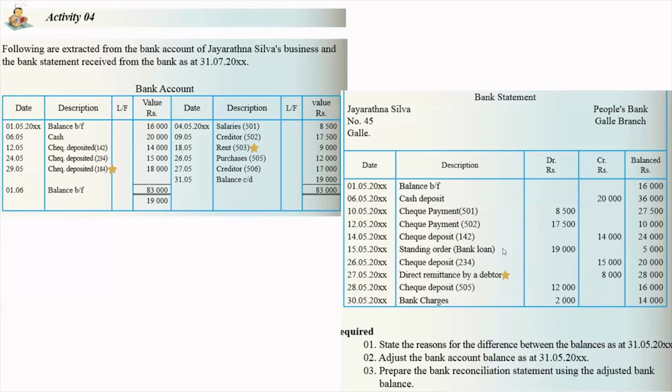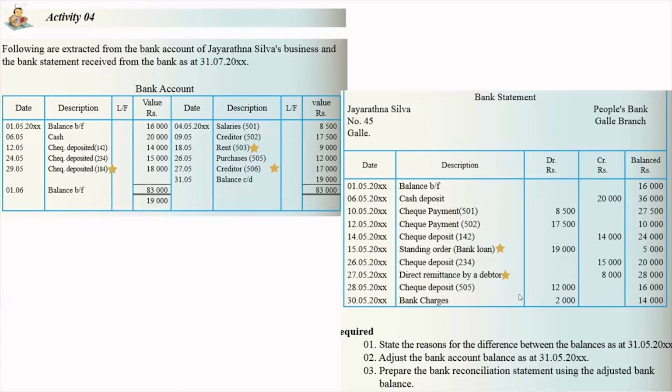Later on, is the standing order recorded, 19,000 as payment? No, this is the balance carried down. You have to be careful. You have to see the amount as well as the description. So is check deposit 505 recorded? Yes. Is it 12,000? Yes. Then creditors 506, is it recorded? We have recorded.